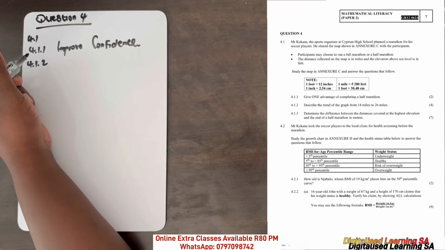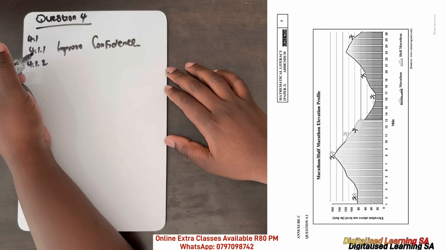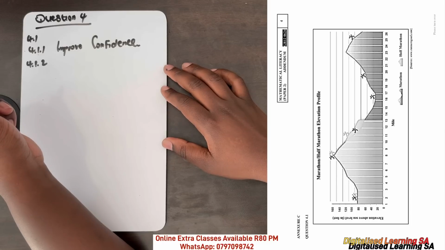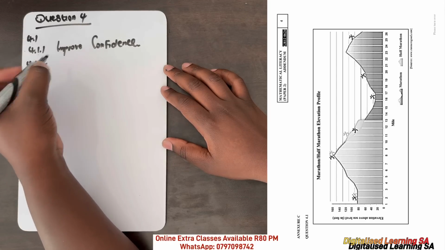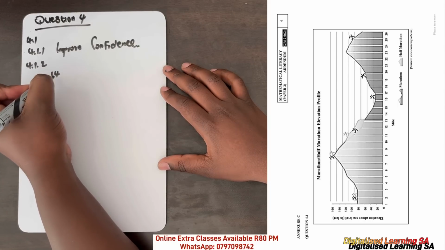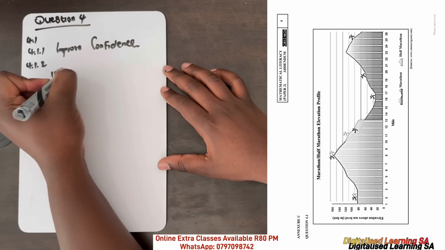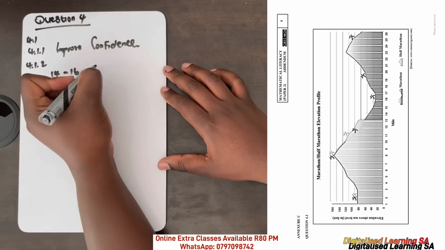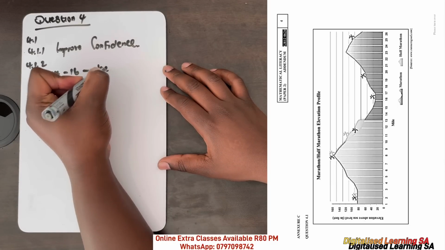Question 4.1.2 says to describe the trend of the graph from 14 miles to 26 miles. We can easily see that from 14 to 16, the graph is decreasing.